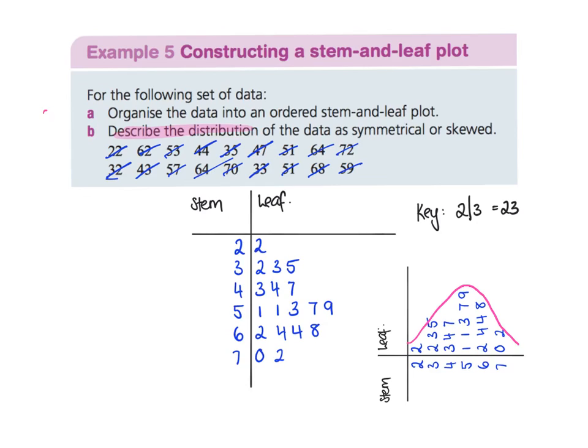So when we comment on this one, we'll say the shape of this distribution appears, we're going to cover ourselves and say the word appears, yeah? Appears symmetric. So you can sort of say in your eyes that you felt that looked fairly symmetric.